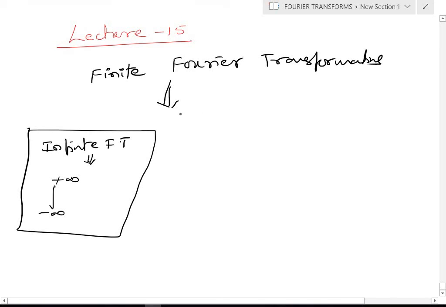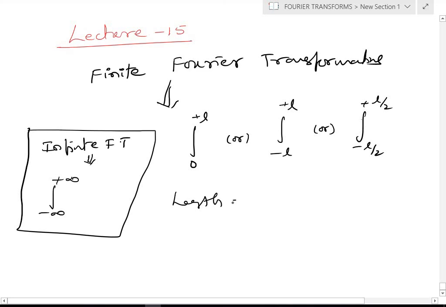But in case of finite Fourier transformations, we have the limits from 0 to L, or minus L to plus L, or minus L by 2 to plus L by 2. Here the length of that interval will be finite. Generally that length itself we call the period of the function.